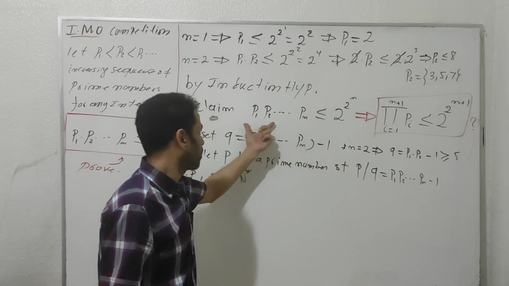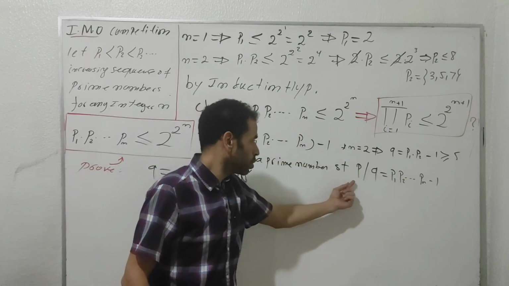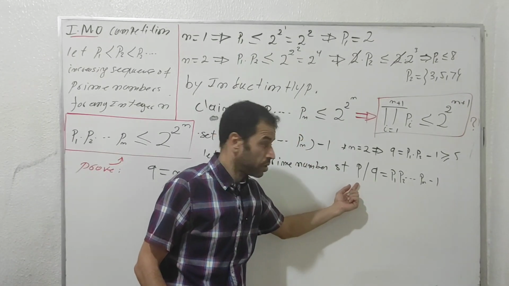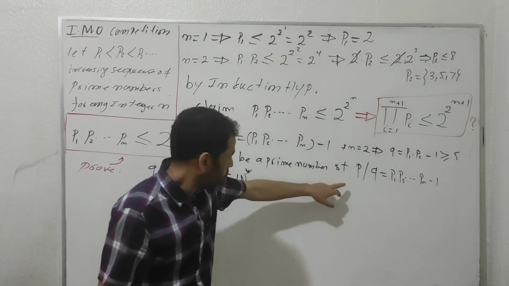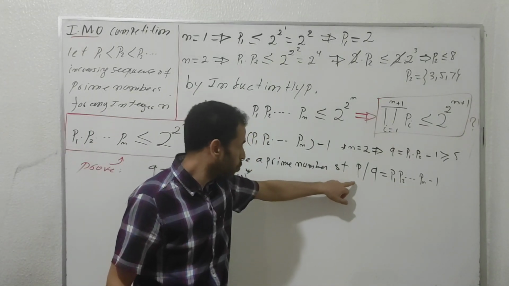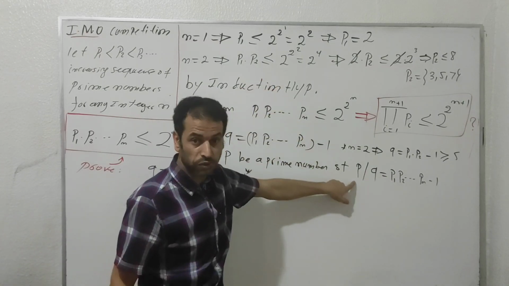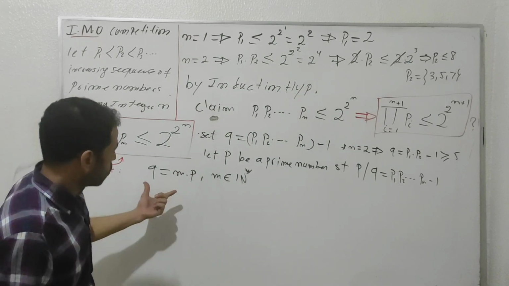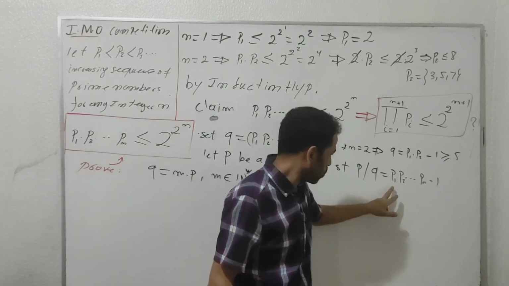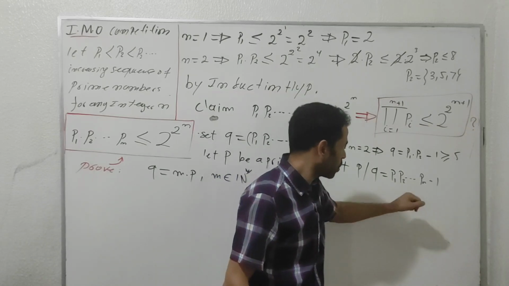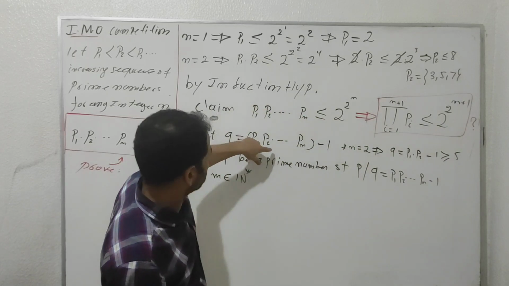We know this family P1 through Pn, but we don't know where P is. We are going to find a new prime. We are going to prove whether this P belongs to the same family or is outside of this family, where we know P divides Q. The reason we take Q equals this product minus 1 is that P could be in this group.